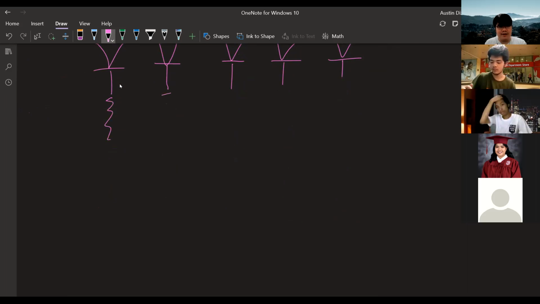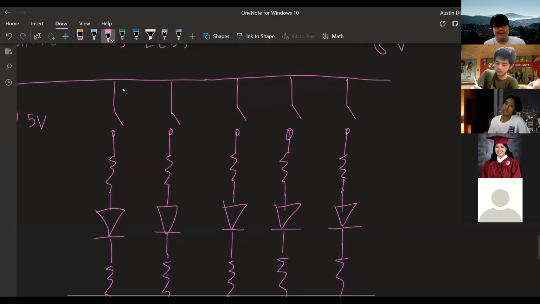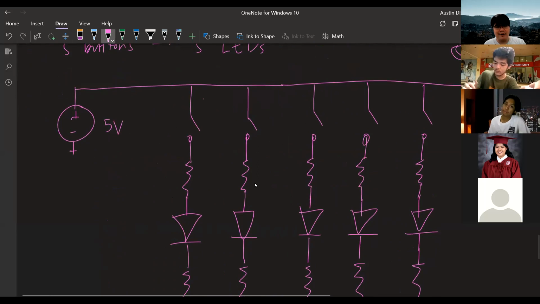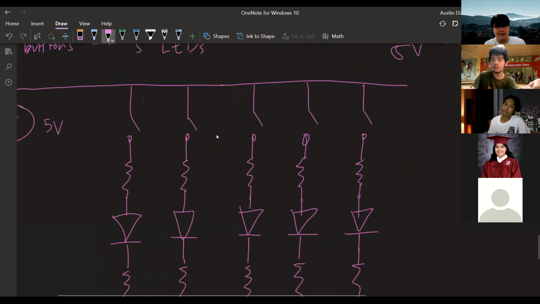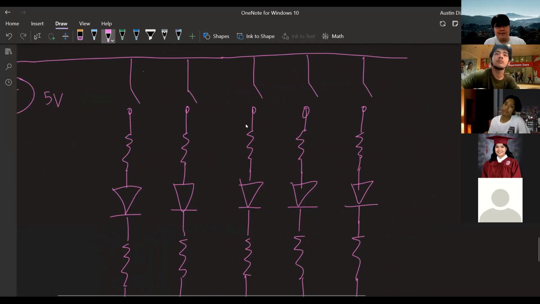Kasi this wouldn't affect my LEDs, but just to make the circuit safe. Ground, ground, ground, ground. Alright, so lahat na ngayon ng diodes ko operational. If I press this button, ilaw to. If I press this button, ilaw yung pangalawa. 1, 2, 3, 4, 5.